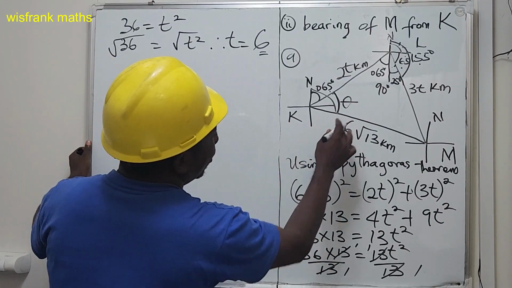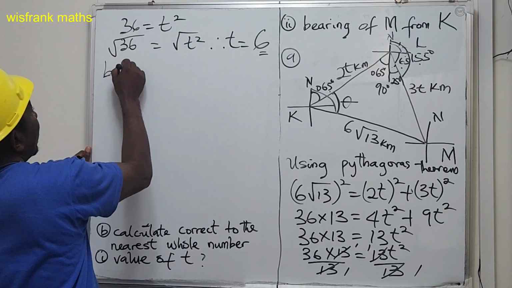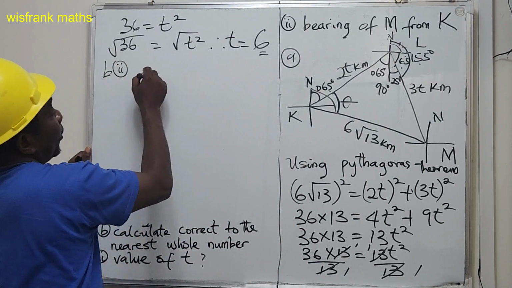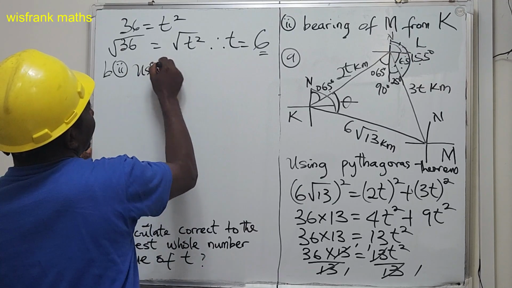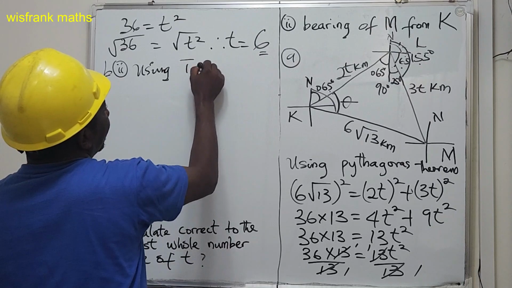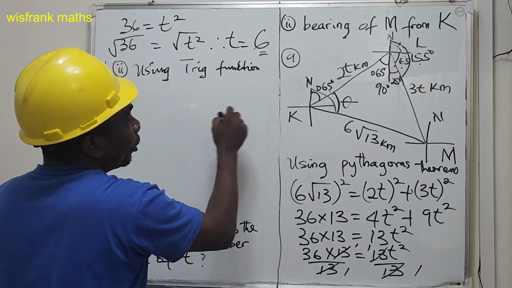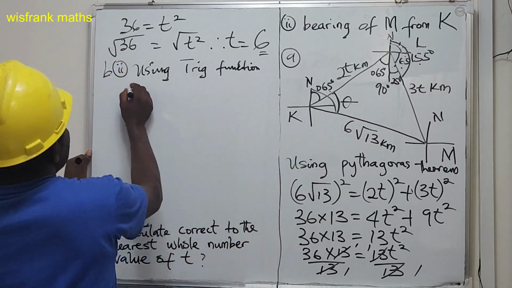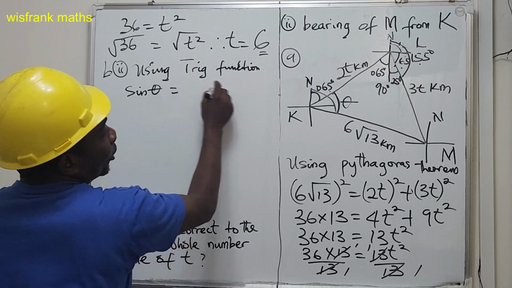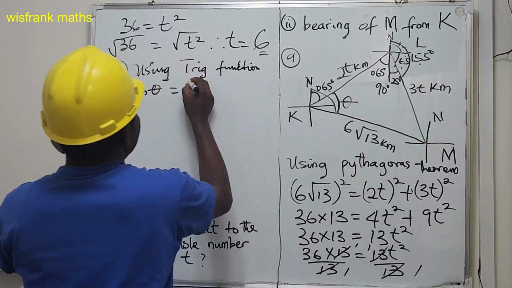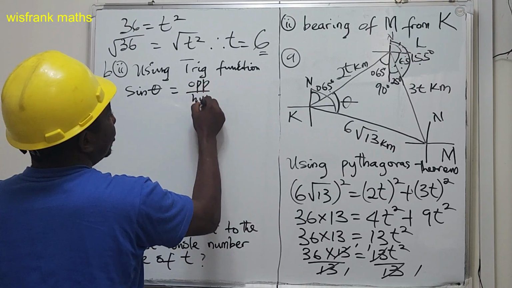Now, at this point, this is B I. Using a trig function, we have sine theta equals opposite over hypotenuse.